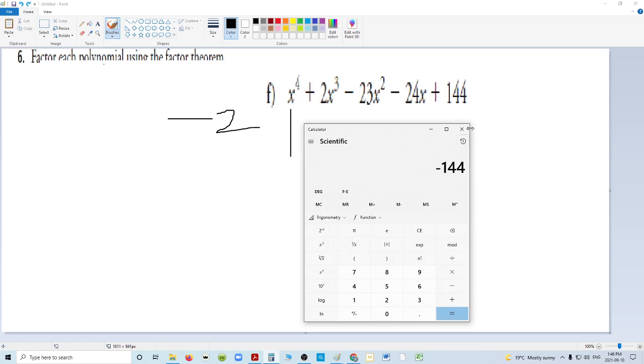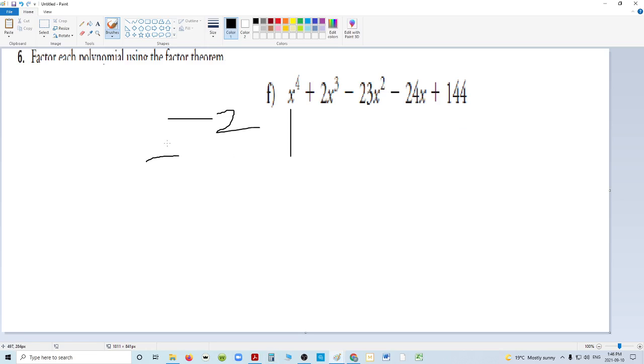There we go. So positive 3 is indeed a factor. So I think I figured out negative 2 and positive 3 so far.